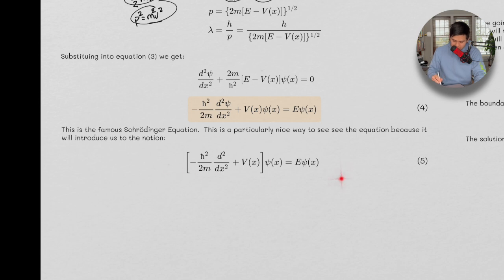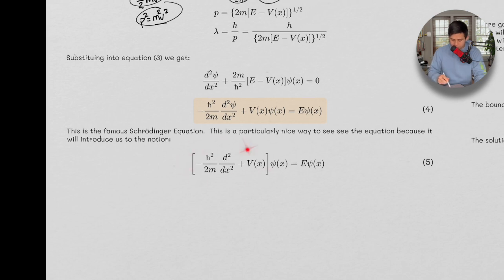And so what's this say? Well, this says that psi can't be just some arbitrary function, right? It has to actually fit such that when you take two spatial derivatives of it, and you do all this stuff, you add your V, and you also multiply by this, the effect is going to have to be just a scaled version of that function by E, and the scale is the energy that's associated with this operator.